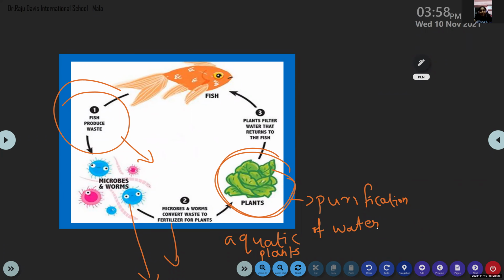Sometimes dolphins will also come. In the morning hours they come because in an aquarium we don't plant aquatic plants much. Sometimes we keep plastic plants inside instead of real plants. So the fish require oxygen, and that is why they come on the top of the aquarium.